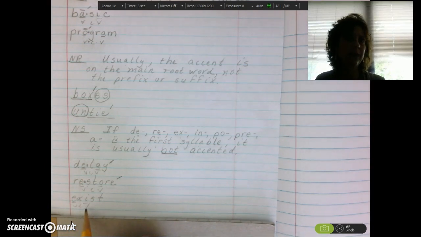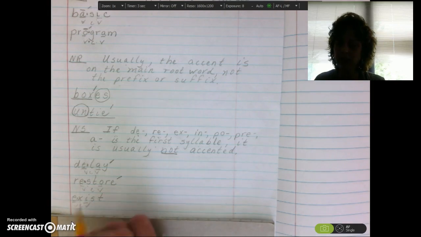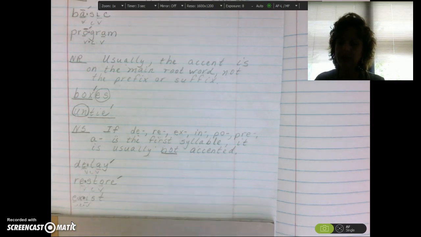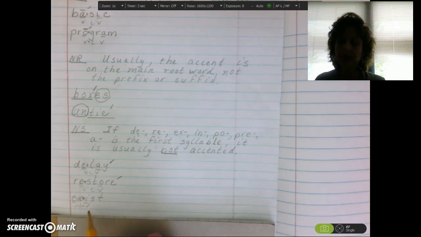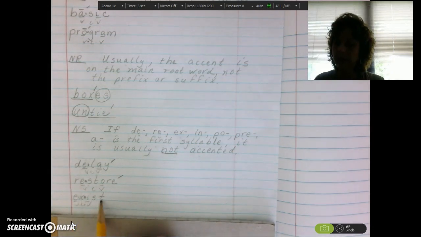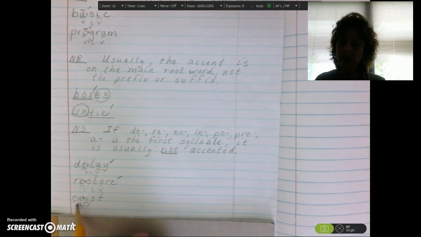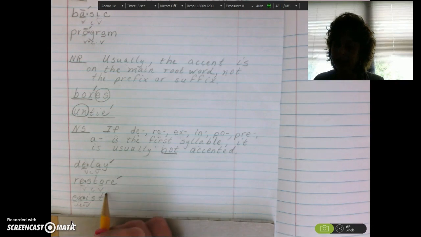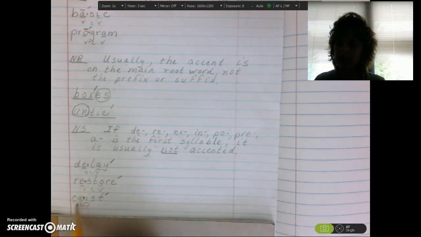That's not a word we've heard, so we have to change it and know that the VCV pattern has the second syllable choice division, which would be right here, and that's the one that's correct. Now we have to decide which syllable is going to get accented. Is it the first one or the second one? If we follow our rule, we know that EX is usually not accented, so the IST is. Exist. It's not exist, it's exist.